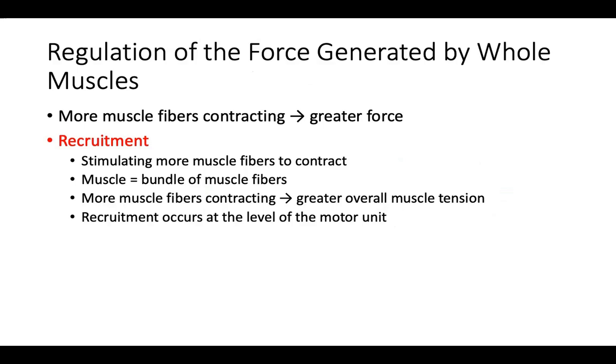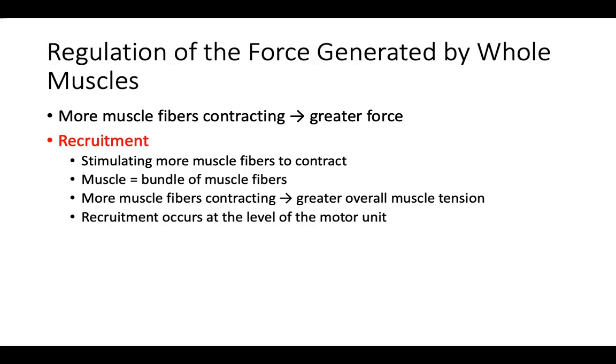This idea of recruitment is that in order to generate more force, I can simply call on more fibers. Hey guys, let's pitch in, and you can increase the force generation by recruiting more fibers to start contracting.